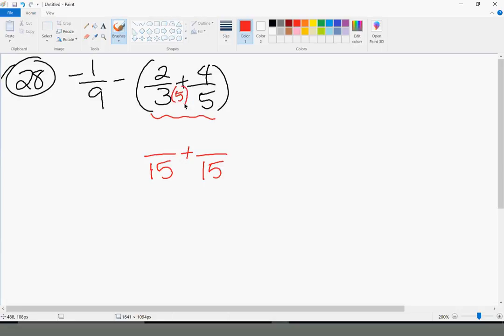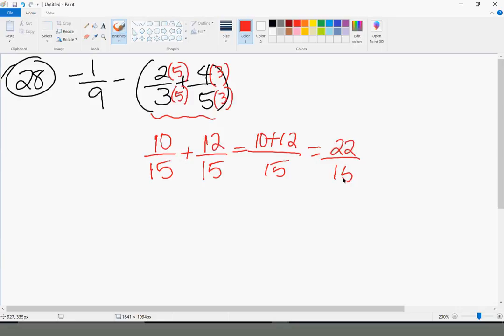So 3 times 5 is what I'm going to use to get my numerator here. 3 times 5 is 15, so 2 times 5 is 10. 5 times 3 is 15, so 4 times 3 is 12. So 10/15 plus 12/15 is 10 plus 12 over 15, which will be 22 over 15.